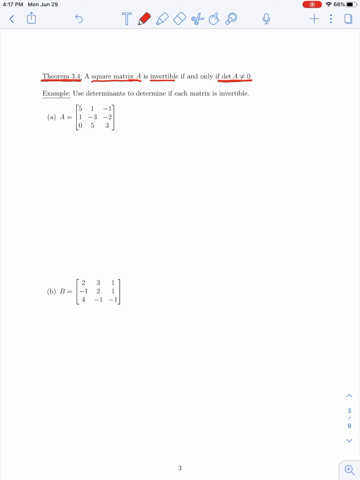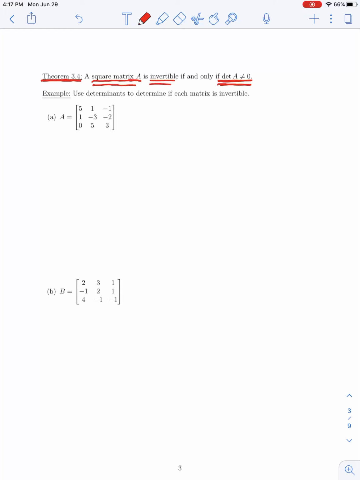So this theorem 3.4 gives us another equivalent result for the invertible matrix theorem. It says any square matrix is invertible provided that its determinant is non-zero. So if we can show a matrix has non-zero determinant, then all of the other properties from the invertible matrix theorem must hold.